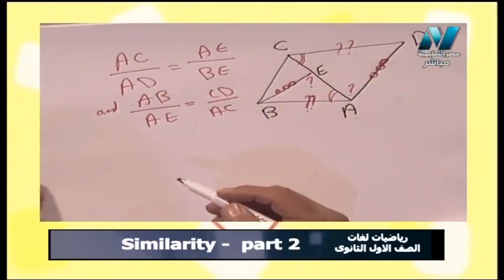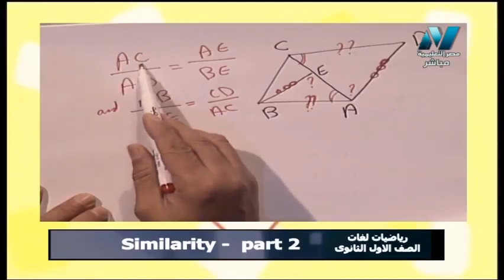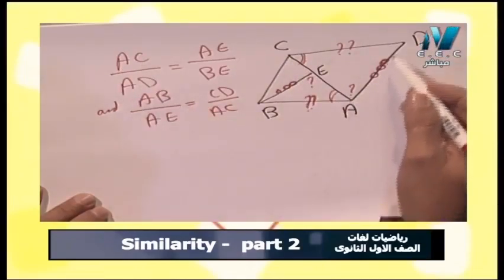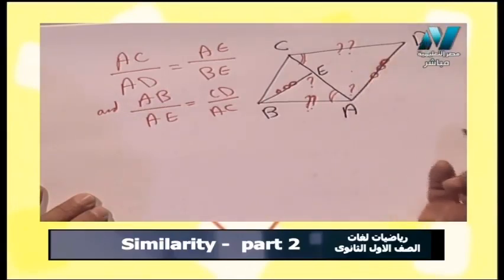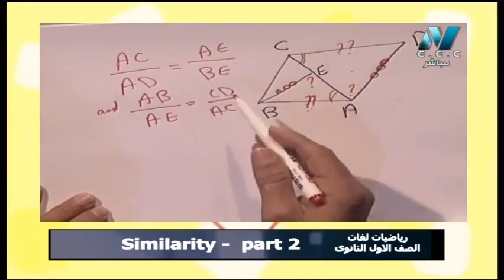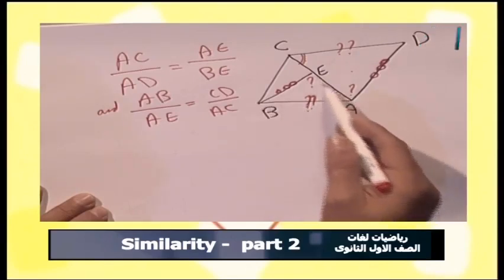So look at these two ratios here. Where is AC? AC here, and AD here on the same triangle. What will we do? And AE here over BE, the same triangle also.